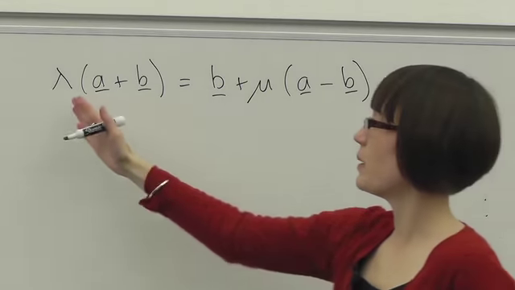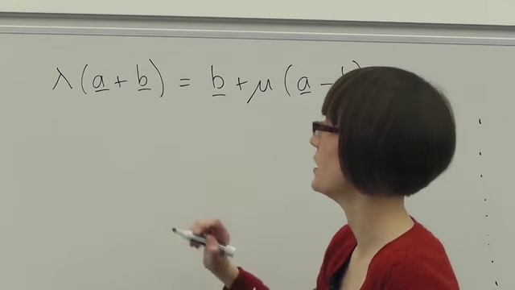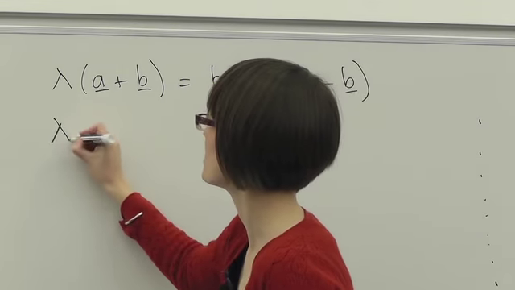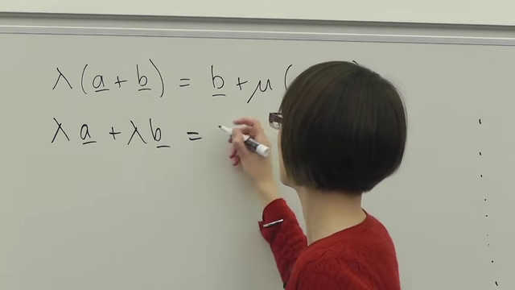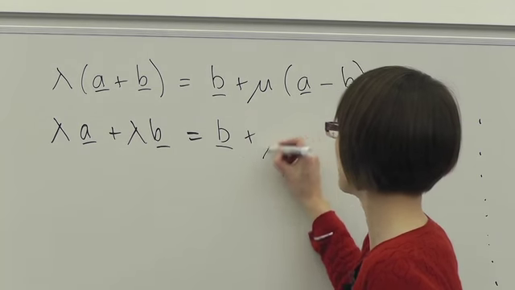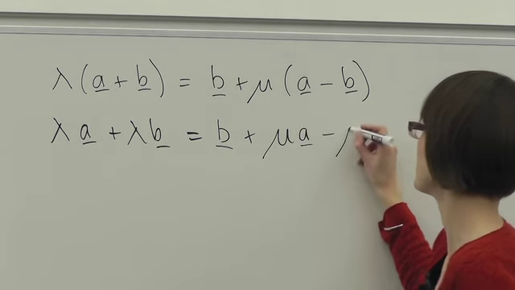Okay, we know that we can multiply out brackets when they appear like this, so let's do that. That gives us that lambda A plus lambda B is equal to B plus mu A minus mu B.